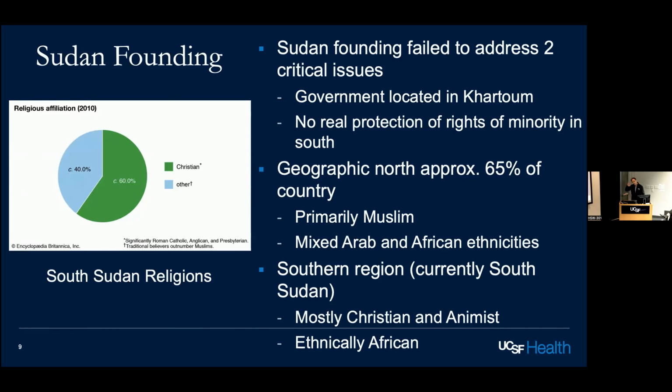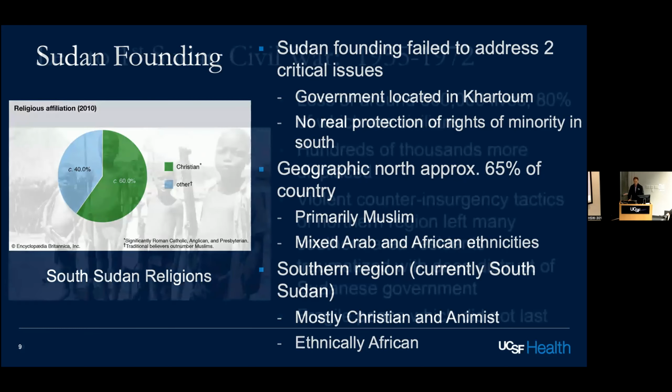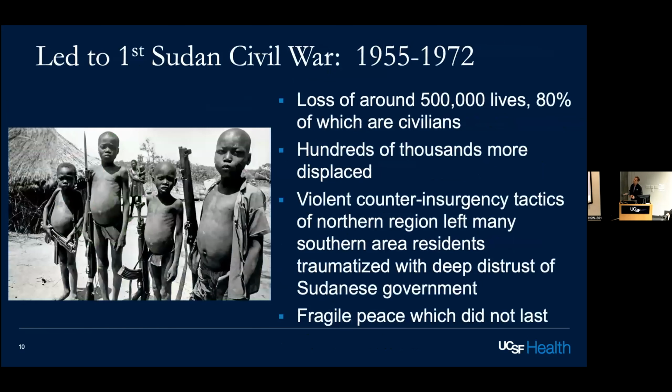So drastically different countries, essentially, put within the same sphere. And we'll talk more about how that kind of led to the first civil war here. So as soon as the country was founded, it went into civil war. The South felt that they were not being adequately represented by the North.